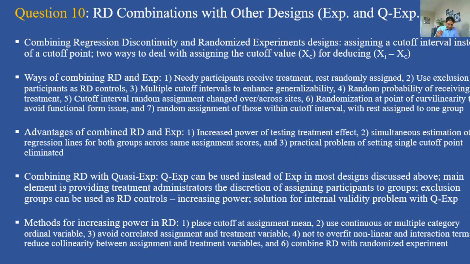Now, Trochim, a researcher, has suggested that using a cutoff value from which all participants are assigned to the treatment, so that point from which all participants are assigned to the treatment, either above or below, is to be considered as the xc.